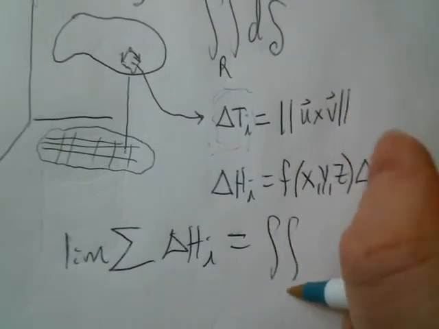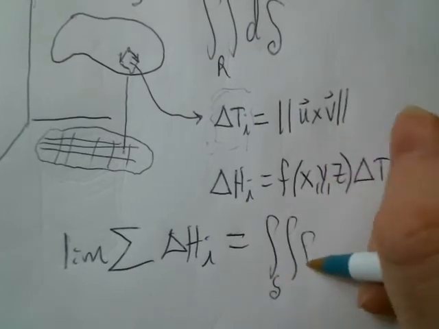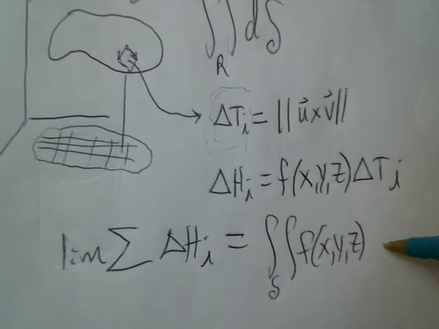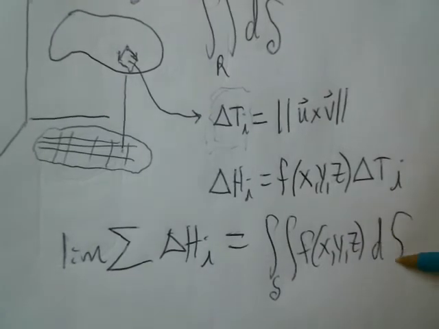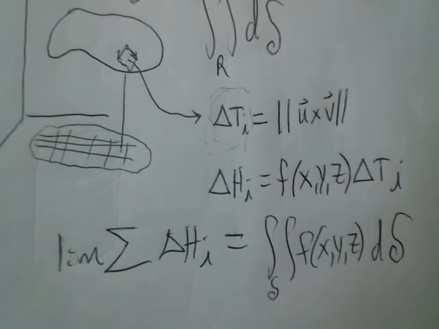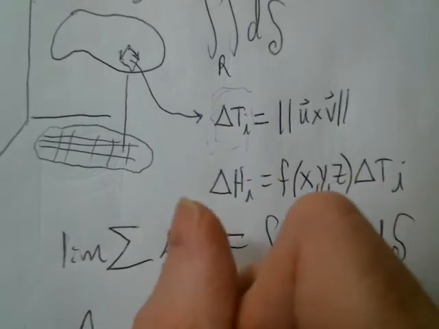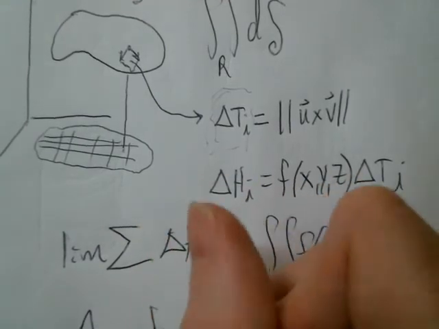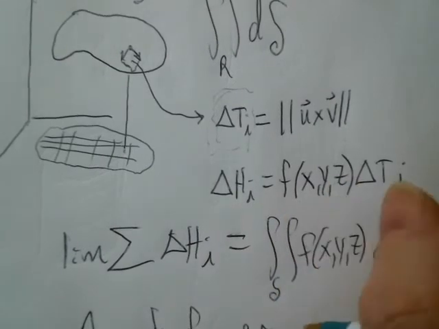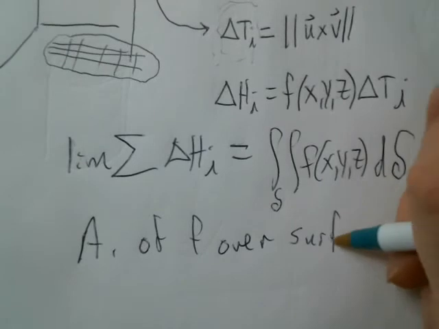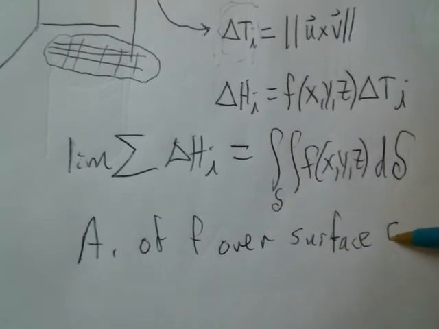So it's going to be the double integral over the surface of whatever function you're doing, maybe a temperature function, like I said. There'll be two forms for it. First, the surface integral of f over the surface given by the function in terms of x and y.